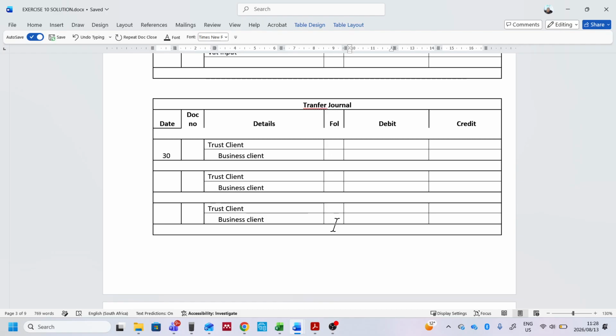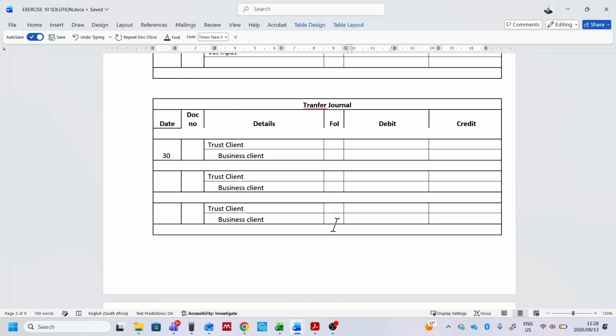So this is your transfer journal. It is always the same. Debit trust client, credit business client. It will never change. And you're going to come across it throughout all your tests up until the exam. It will never change. But I still have students failing the same account that does not change.